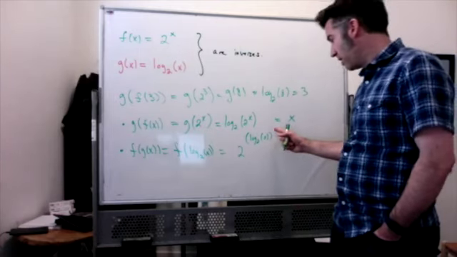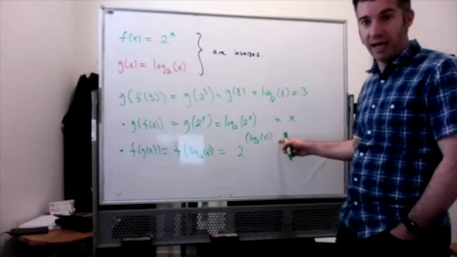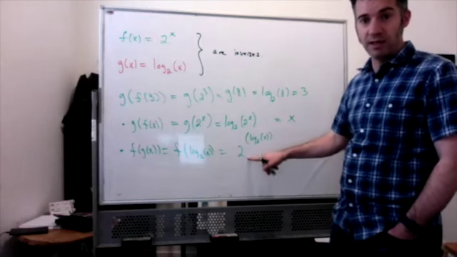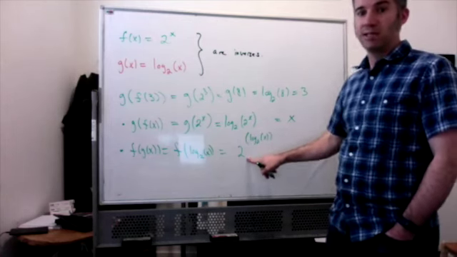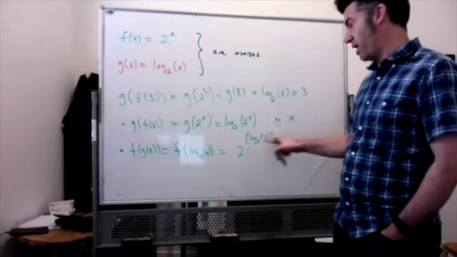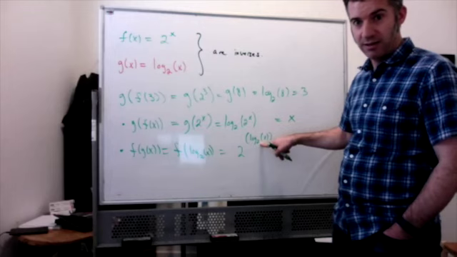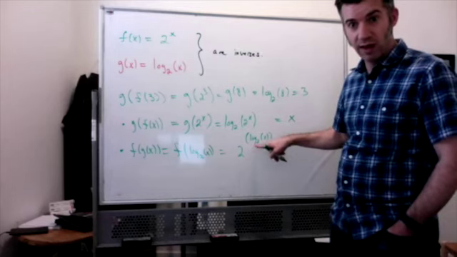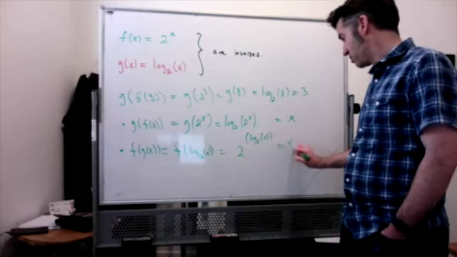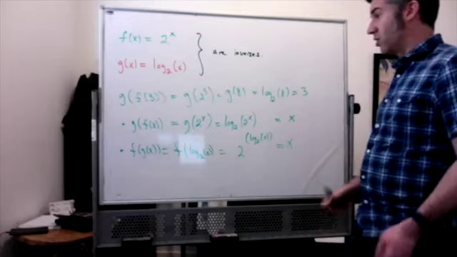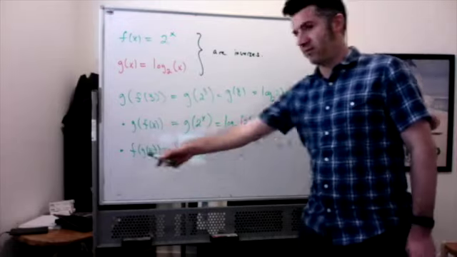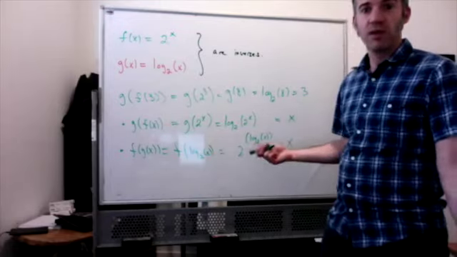Really, this exponent here is the exponent that you raise the base of 2 to in order to get x. So this is a power, and 2 to that power equals x. But we have 2 to that power, so it equals x. So g of f of x equals x, f of g of x equals x, they're inverses.